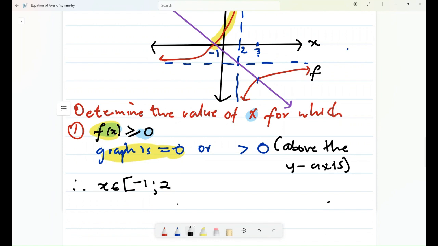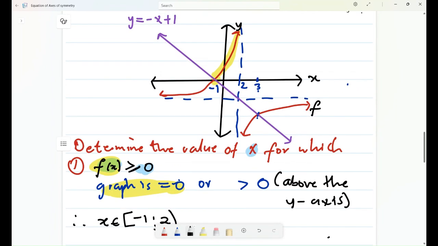But the question is, will I include 2 here? Will I use this bracket or this bracket for 2? The answer is I will use this bracket, the close bracket. Why? Because my graph does not touch 2. So if my graph does not touch 2, it means I have to exclude 2. It means my graph is between negative 1 and 2, but my graph does not reach point 2, though at negative 1 it does touch.